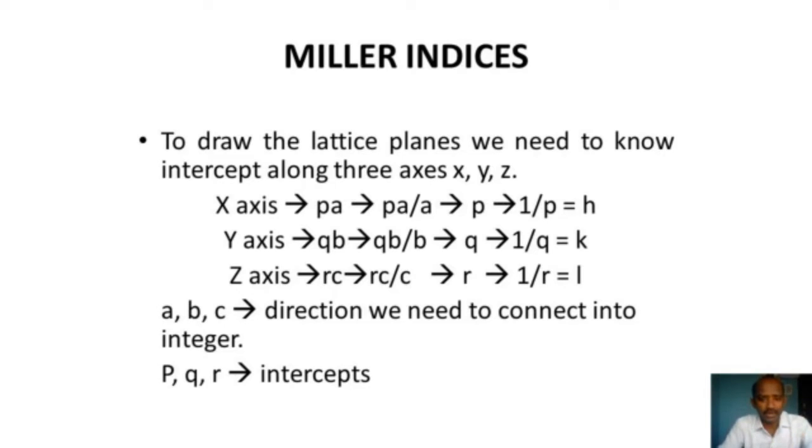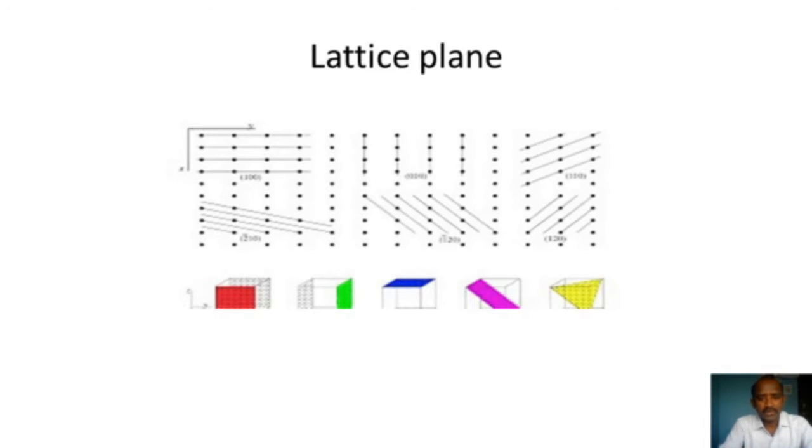There are three coordinates we have to consider. In a unit cell we have already represented a, b, c, which are the lattice parameters. The distance between any two points will be the same along the same direction.